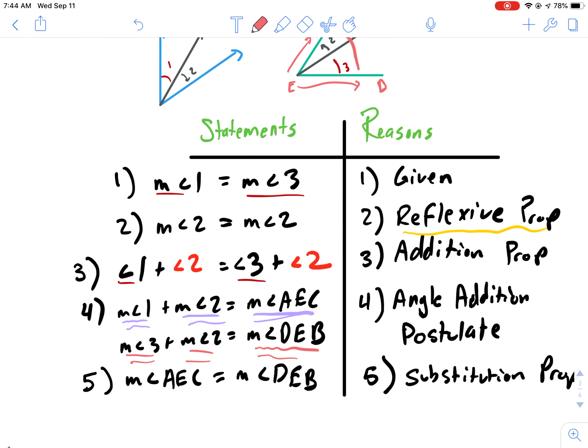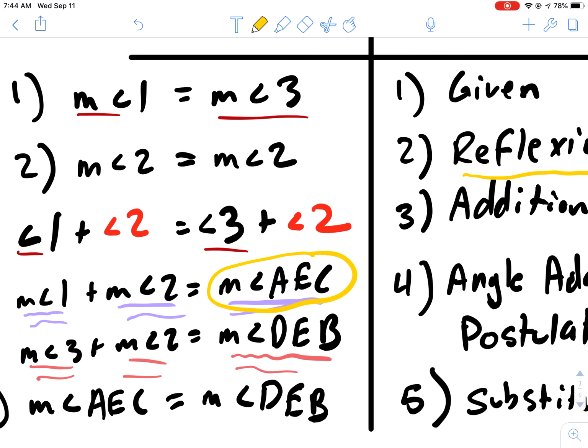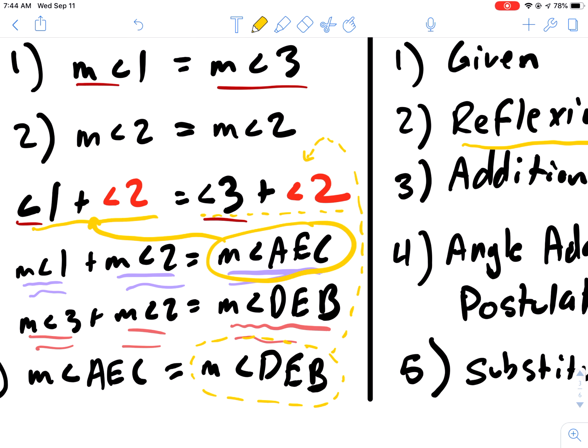So we saw that we had this angle, and we know it's equal to this right here. Here we have another angle, the other one that we're looking for, and we know that it's equal to this part right here. What are we doing there?